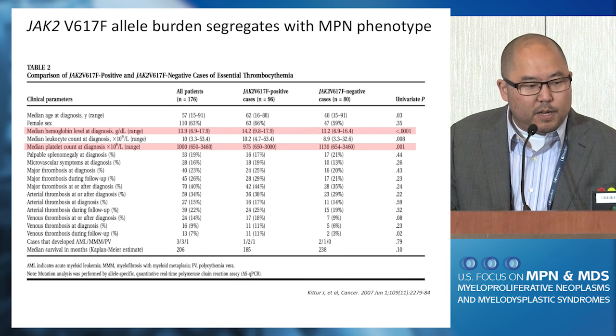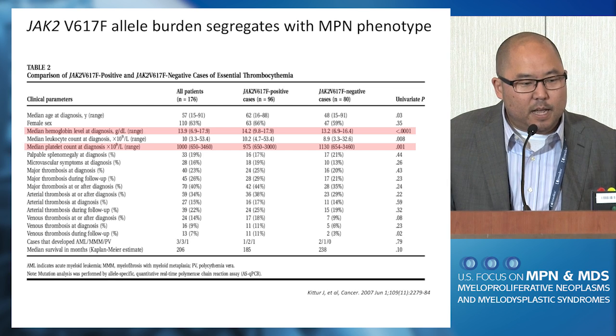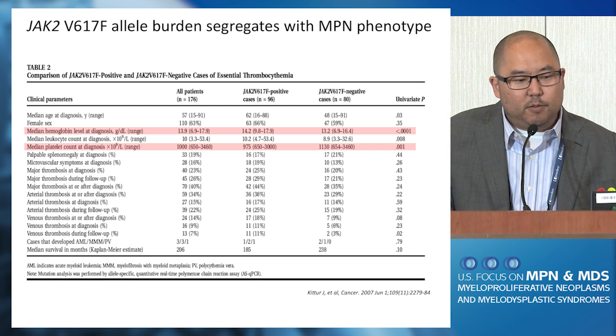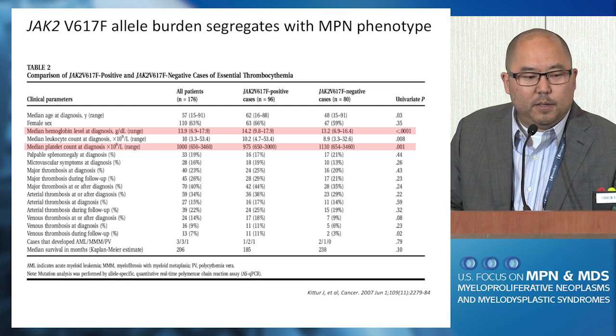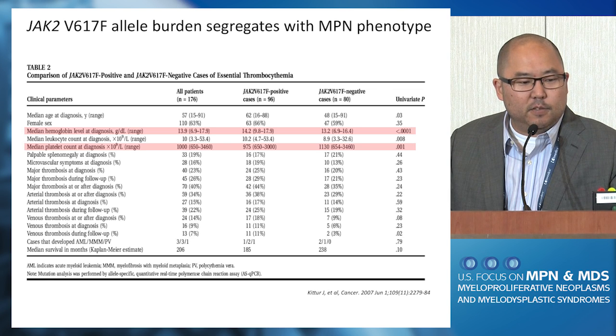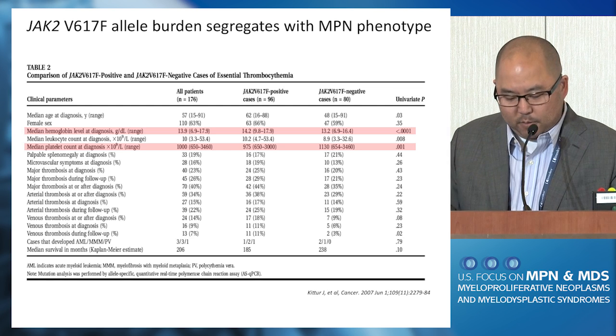This is probably hard to read, but it's well established that JAK2 status within patients with essential thrombocythemia can result in specific differences in phenotype. Within ET, you have JAK2 positive and JAK2 negative patients, and those who are JAK2 positive tend to have a higher hemoglobin and a lower platelet count compared to their JAK2 negative counterparts.